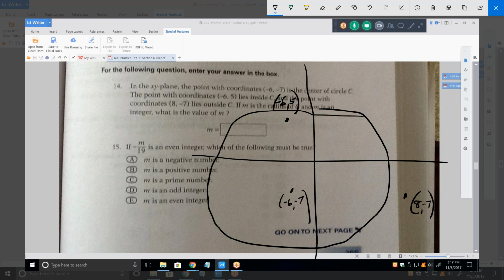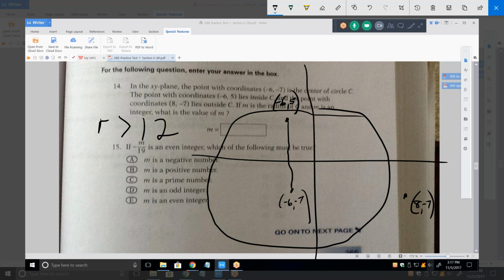Now, that tells me that the radius has to be greater than a what? Greater than the vertical difference between 5 and negative 7, which is 12. Yes.